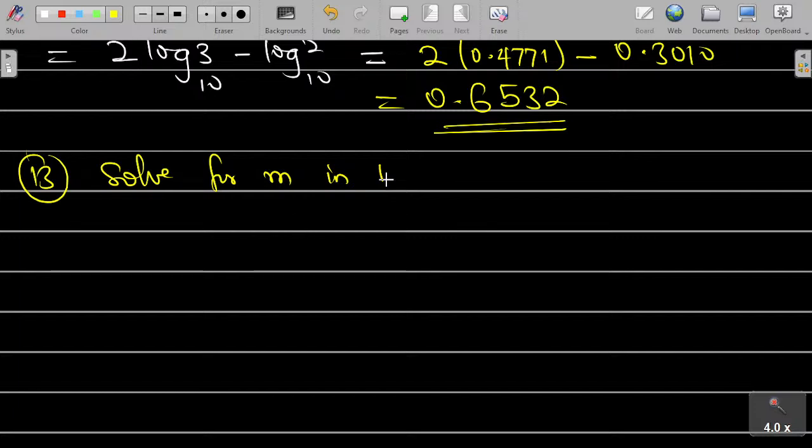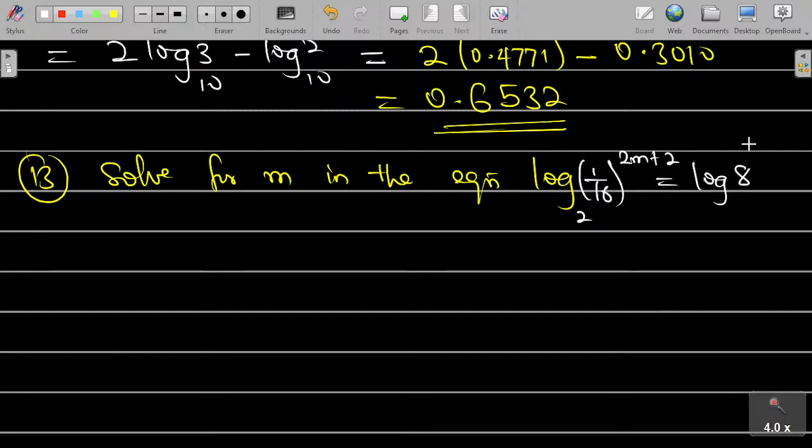Okay, and the equation is given as log of 1/16 raised to the power of 2m plus 2, and the base here is 2, is equal to log of 8 to the power of 5m plus 1 all over 3, and that is in base 2.